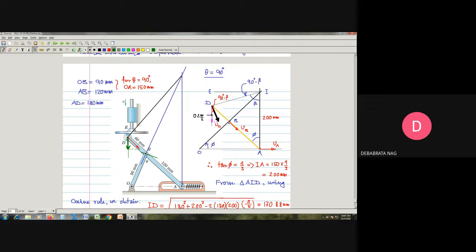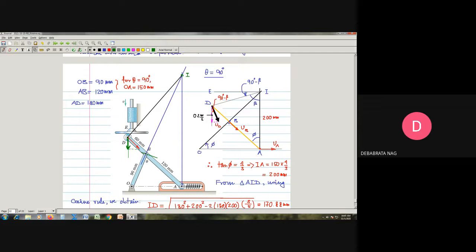So the OB line will be itself, if we consider this link ABD, then since this velocity will be perpendicular to this line OB, the instantaneous center, wherever it will be, will be along this line. So therefore this line and this line will come and intersect at this point. We can call this point as I.